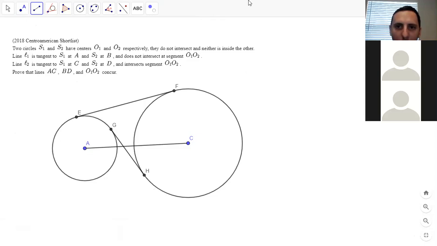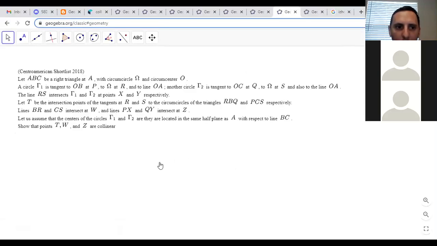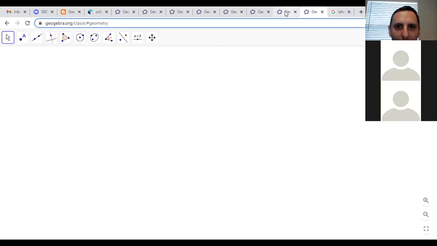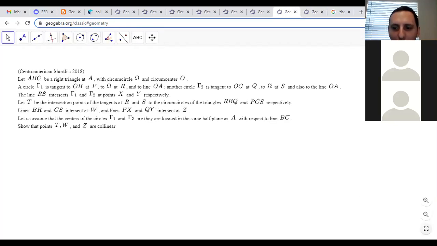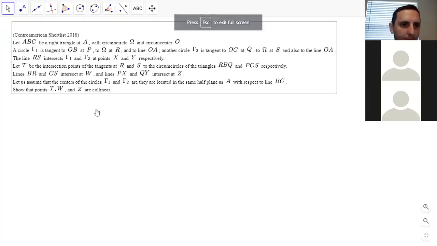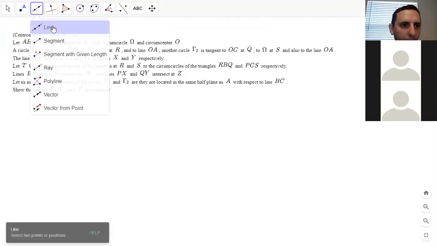Let's see if there's a hard one. This looks harder. We could try this. So we have a right triangle.